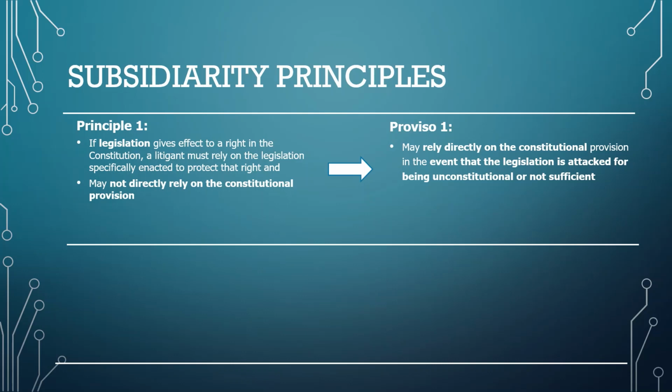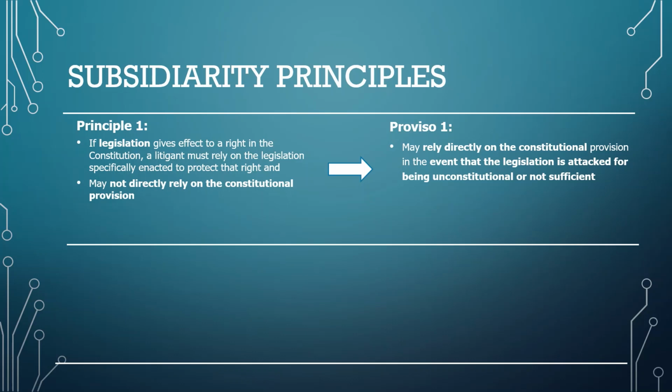Reliance on the right in the Bill of Rights in this regard still involves reliance on the legislation, since it must be shown that in view of the provision in the Bill of Rights, the legislative provision is unconstitutional or inadequate. In other words, reliance on the Bill of Rights provision is permissible only if the legislation can be attacked or challenged for being unconstitutional or insufficient.